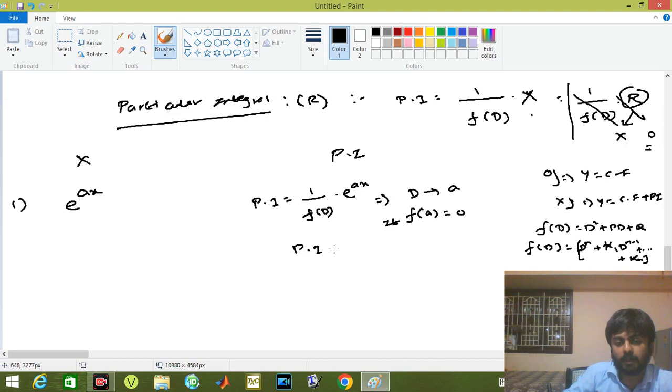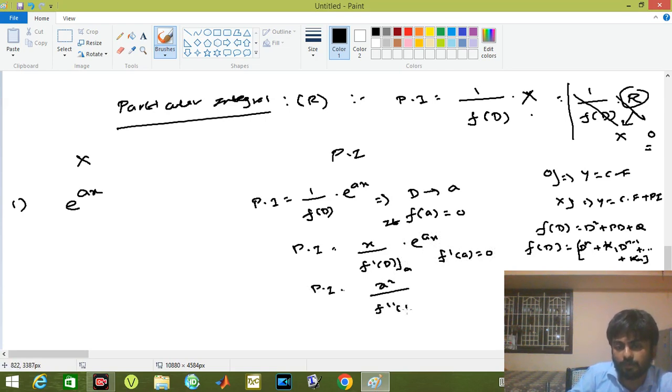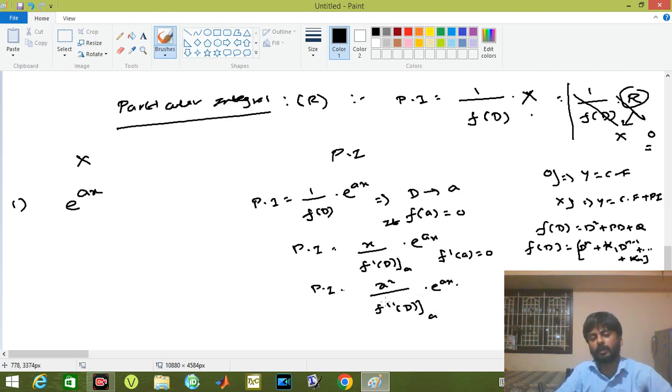Then your PI will become x by f dash of D at D equal to a, into e power ax. If this also becomes 0, your PI will be x squared divided by f double dash of D, replacing D by a, and you have to multiply by e power ax. So this will be your particular integral.